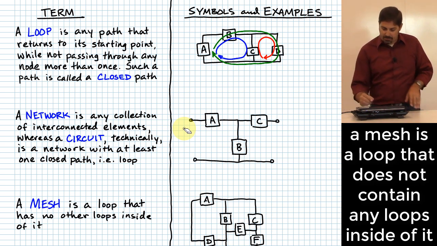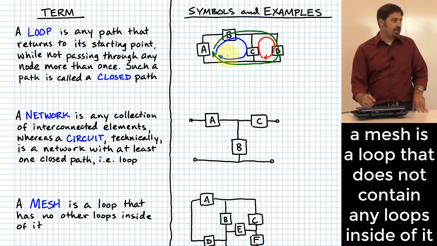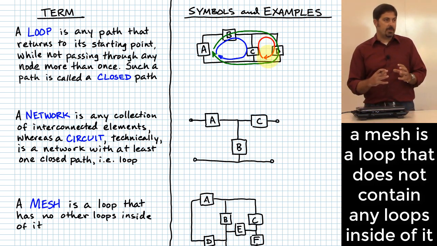Okay, so if you look back up at our first definition of loop up here, and you look at the green loop, inside the green loop, you will see that we had the blue loop and the red loop, right? So the green loop up there is a loop, but it would not be a mesh, right? The blue loop is a mesh, and the red loop is a mesh, because neither of those contain another loop inside of it. Does that make sense?